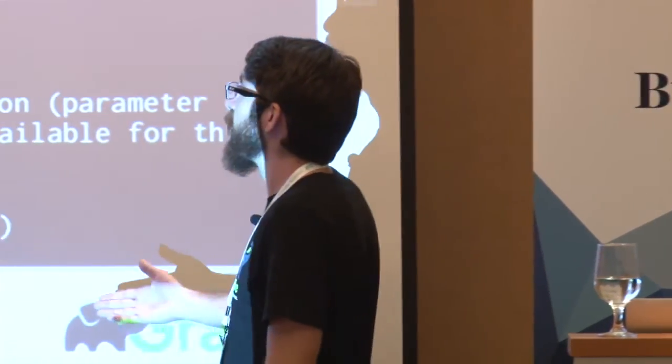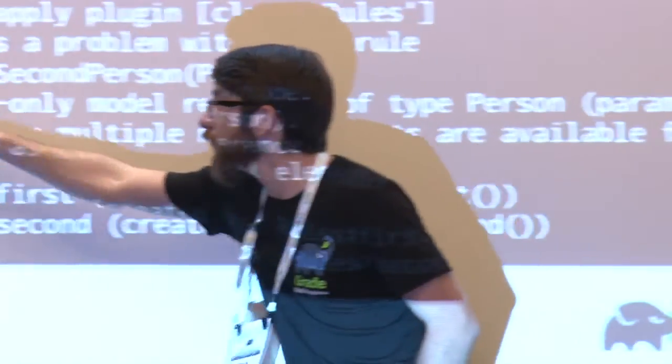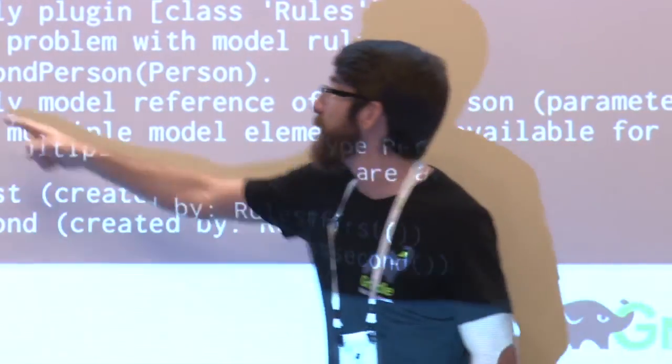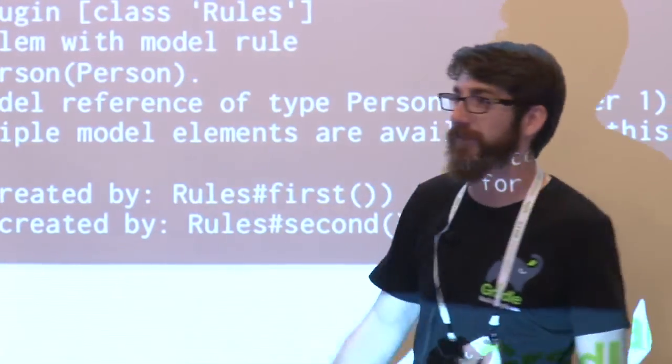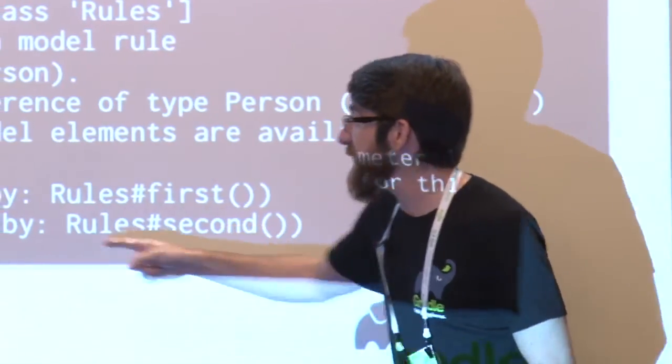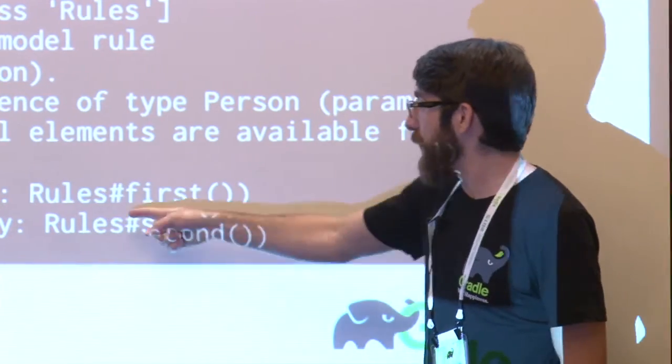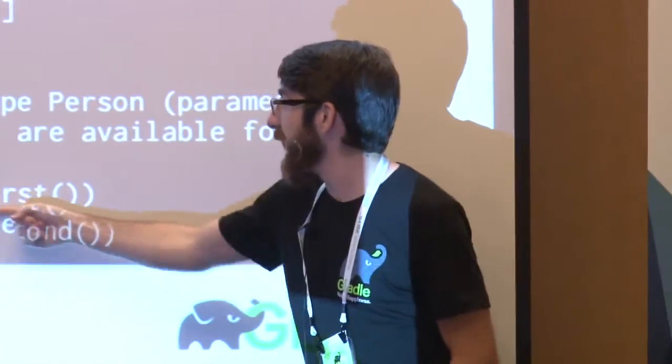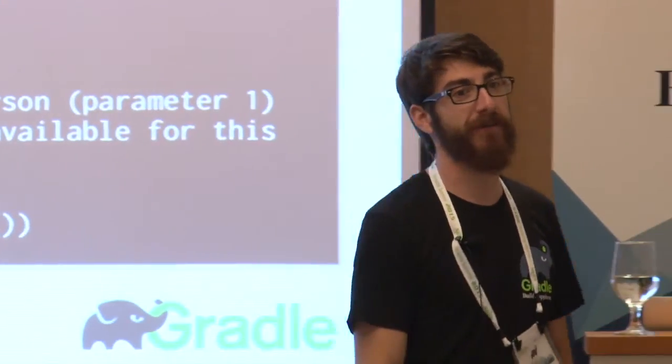So in this case, Gradle knows that I applied some rule source plugin called rules, and that plugin has a method called update second person that's looking for this thing, right? And also that these model elements are created by this rule source plugin and this particular rule of that plugin, right? So now we have traceability from our model back to the code that created or manipulated those model elements, right?